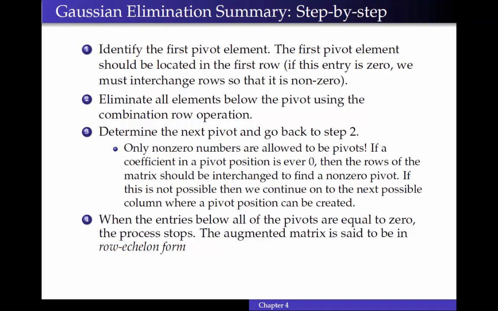And then when the entries below all of the pivots are equal to 0, the process stops. And we say the augmented matrix is in row echelon form. And this means that we have a triangular system of equations that can be solved using back substitution.